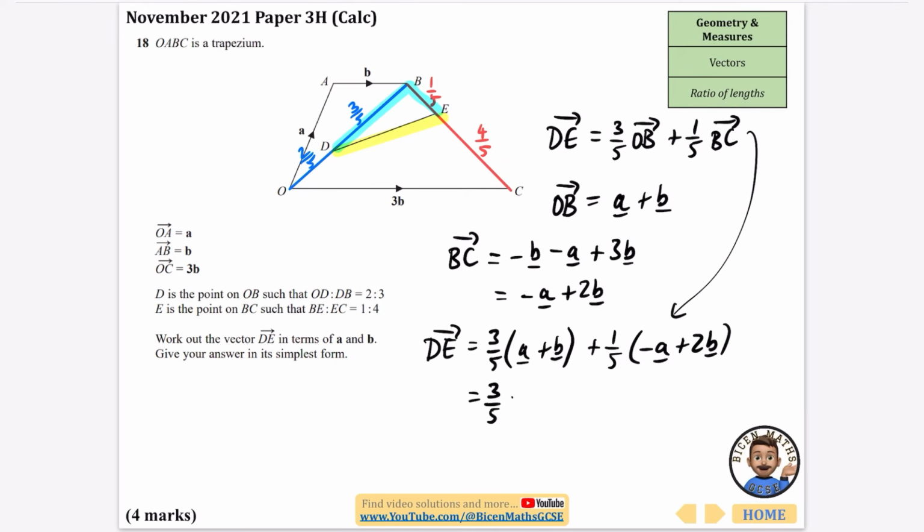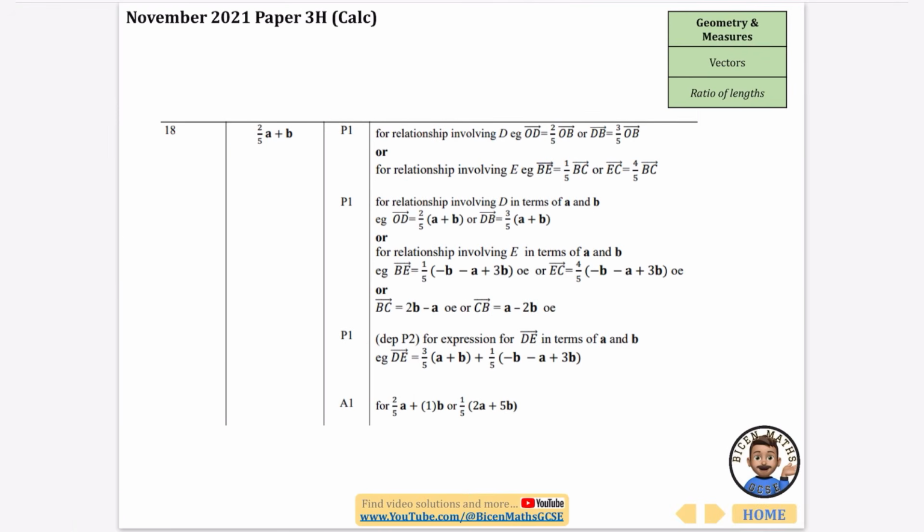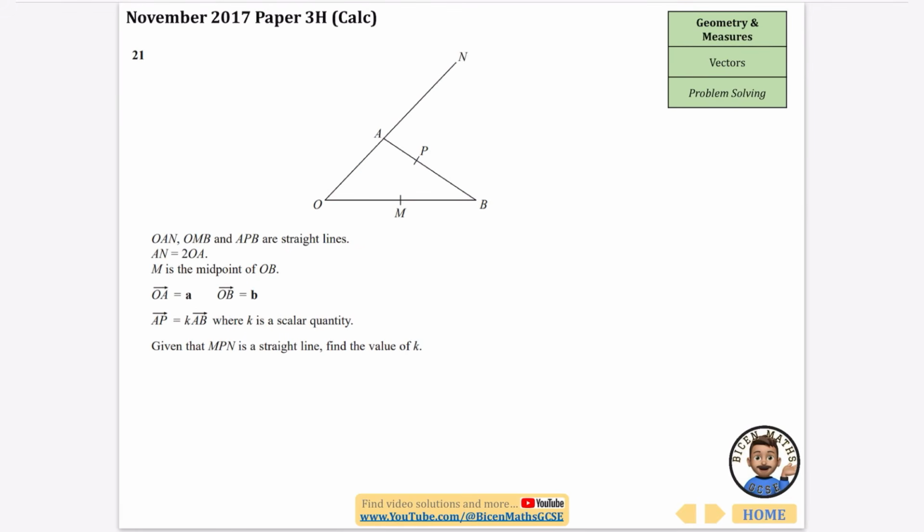So we have 3/5 A plus 3/5 B minus 1/5 A plus 2/5 B. You can do these in your calculator, but these are pretty easy ones. 3/5 minus 1/5 A is 2/5 A, and then 3/5 B plus 2/5 B is 5/5 B, or just plus B. So we get that DE is equal to 2/5 A plus B. Let's hope we've got this one right. There is the 2/5 A plus B. Significantly easier than the previous question.